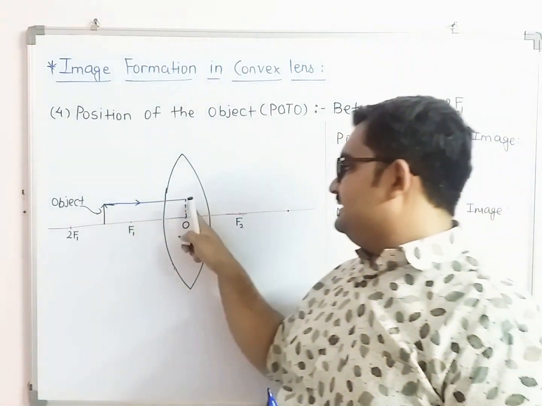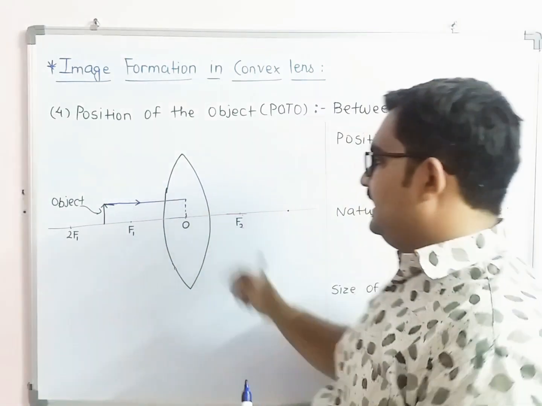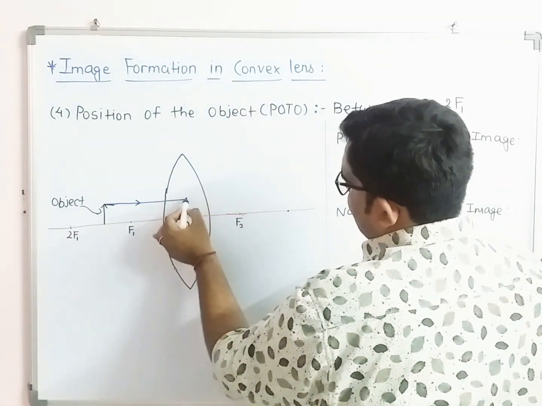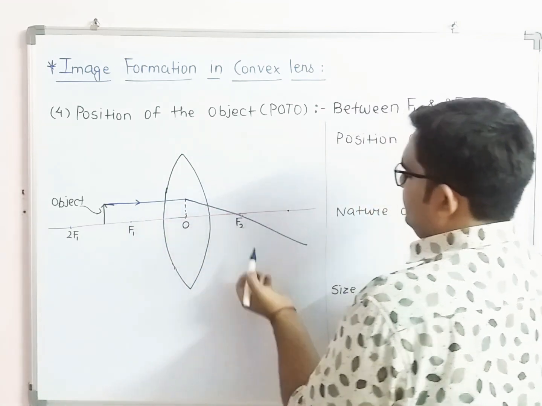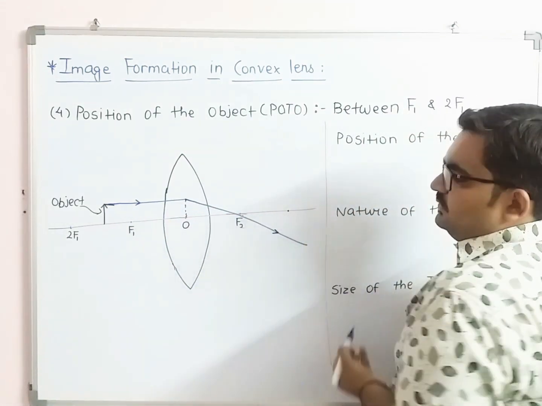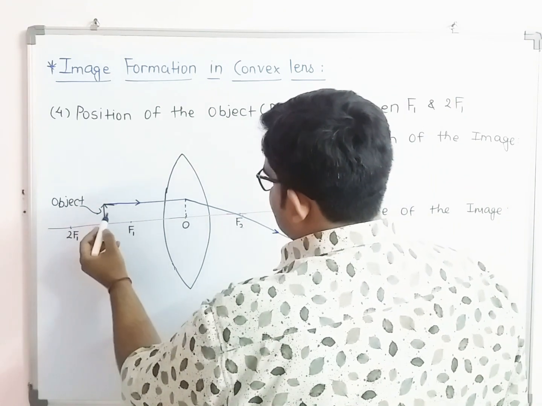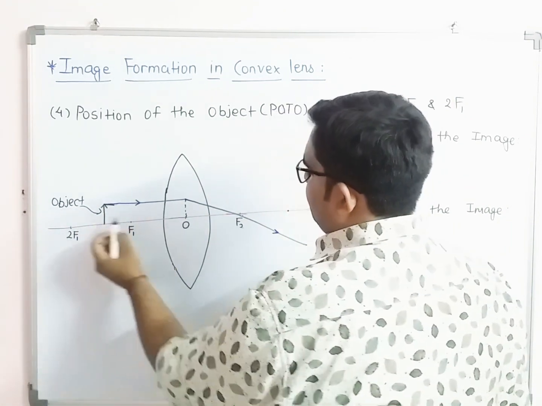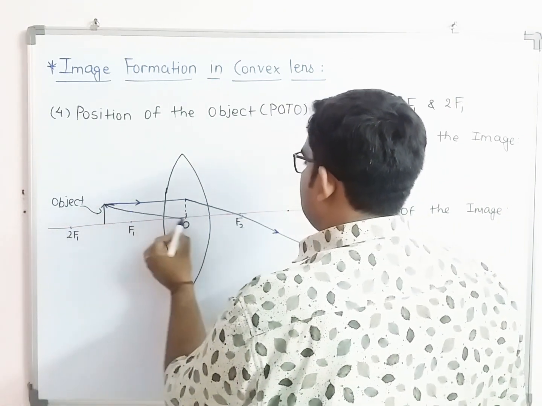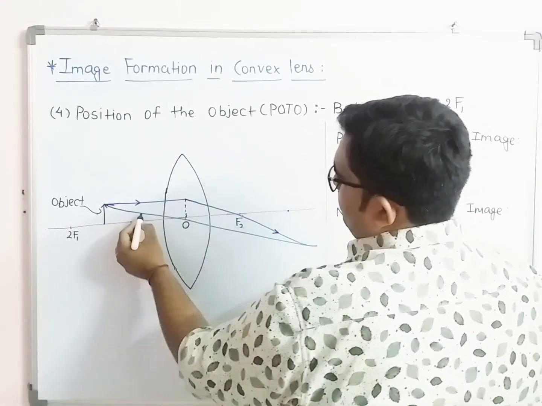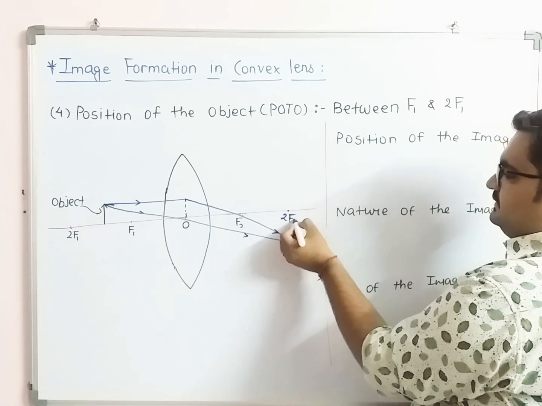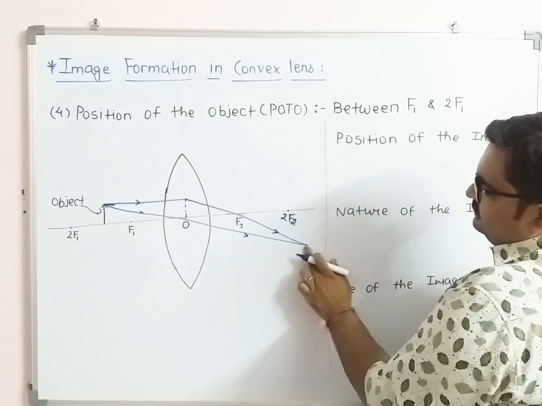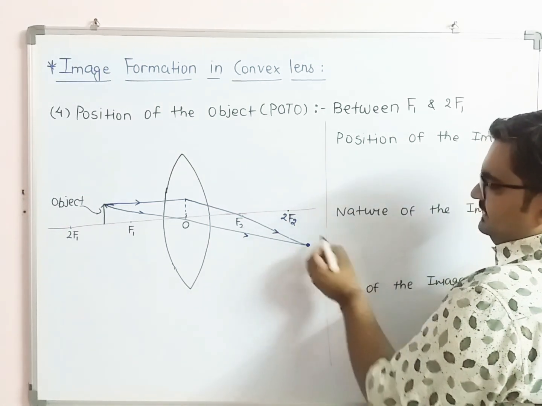When it reaches point O, it is refracted and after converging it passes through F2. Now my second ray is passing through the optical center O. So now here it is 2F2. So both rays meet here.